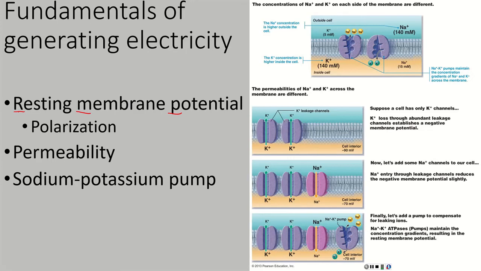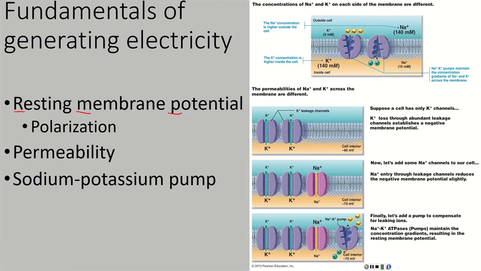And because there is a voltage, because the inside is different compared to the outside, again, we say that that membrane and that cell, it is polarized. It's different on one side than it is on the other side. And that comes from mainly permeability to those ions.